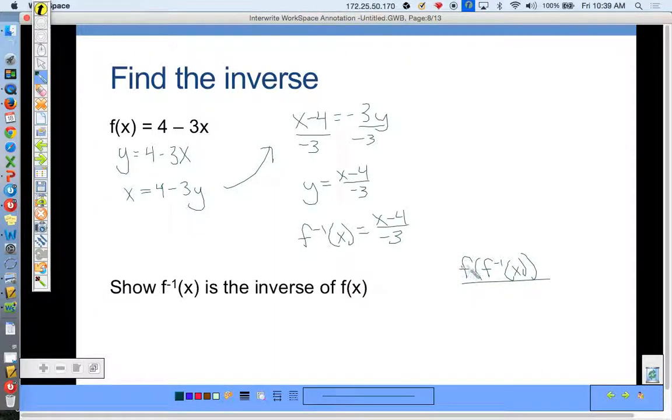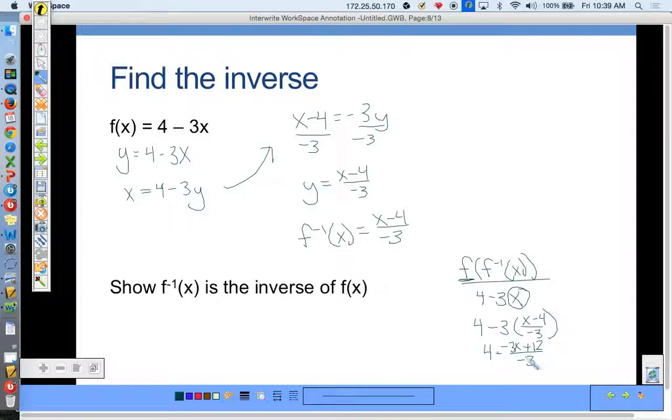So our outside function, our f function, was 4 minus 3x. We'll replace that x with our inside one, so we have 4 minus 3 times x minus 4 over negative 3. And we can distribute to the numerator, so minus 3x plus 12 over negative 3.